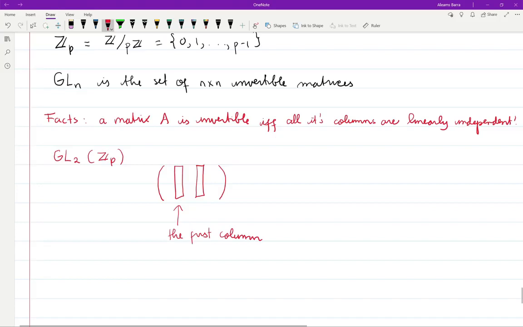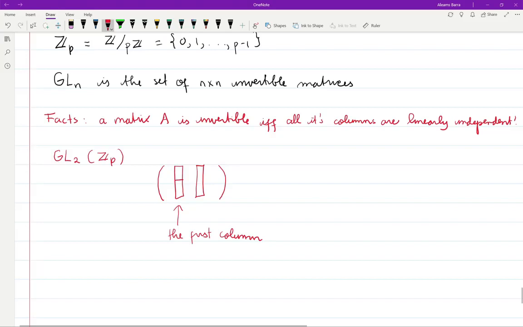Because if we have a zero vector, then the set of the vectors is certainly not linearly independent. Okay, so the only vector that we cannot choose for our first column is the zero vector.